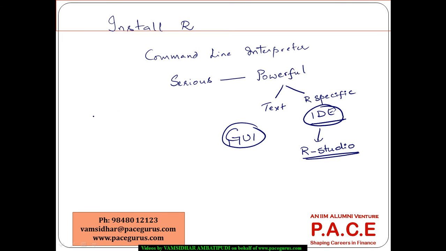Now, if at all I'm more interested in R Studio, because it's R specific, I may not be able to use it for other programming languages, but it can really help me with some essential features of R, especially for doing the plots. It's much beneficial and helpful.